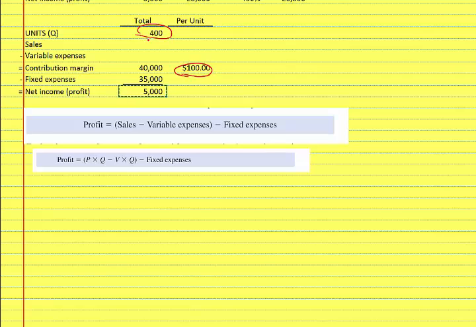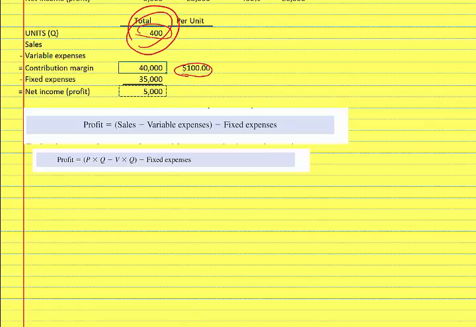So that was a two-step computation for profit. I said units times contribution margin per unit, and then I subtracted fixed expenses of 35,000 to get net income. Now in that series of computations, you were given the top number in the income statement, quantity or number of units sold, and you computed net income.